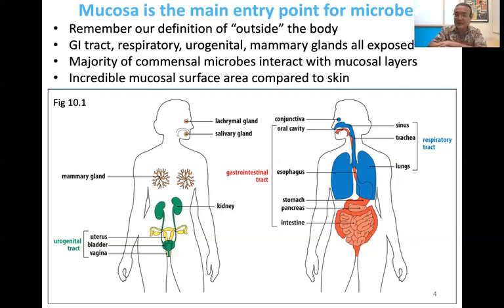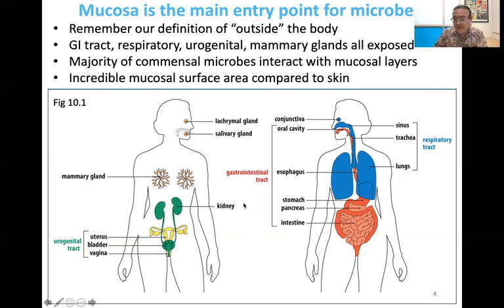Compared to the relatively inhospitable outside of your skin, the inside of your GI tract is so much nicer for bacteria to grow in. It turns out that there is a ton more microbial contact between pathogens and your body's potential tissues taking place on these mucosal surfaces compared to just what you think about on the outside of your skin. And there is an incredible amount of mucosal surface area compared to the outer skin that we have.